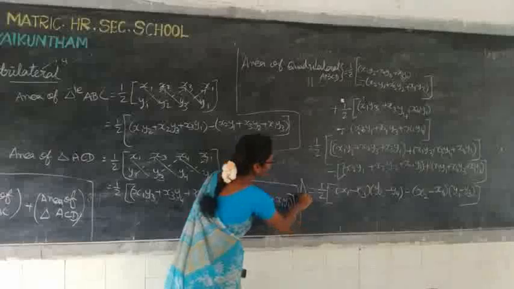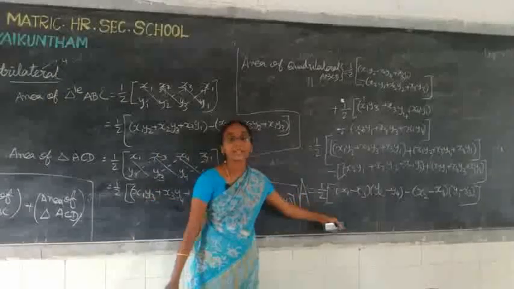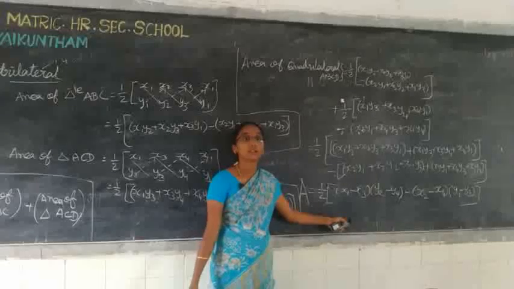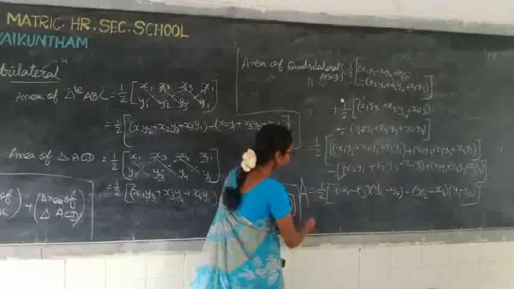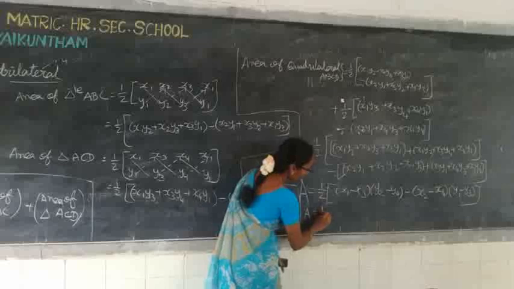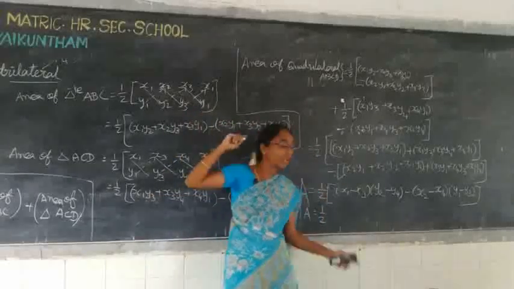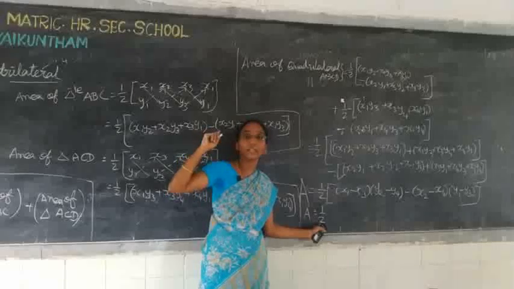This is the area of the quadrilateral. It can easily be written in the same way as the triangle formula.